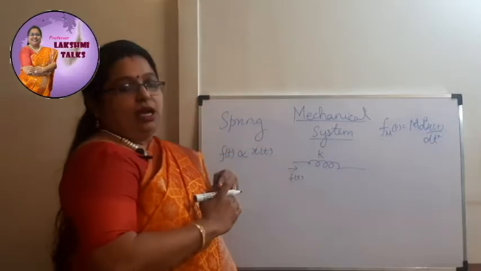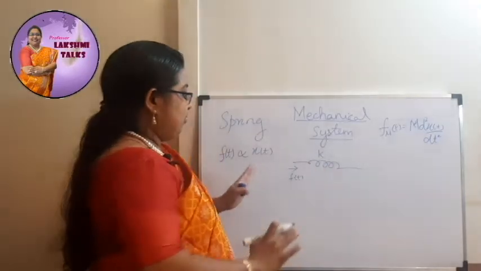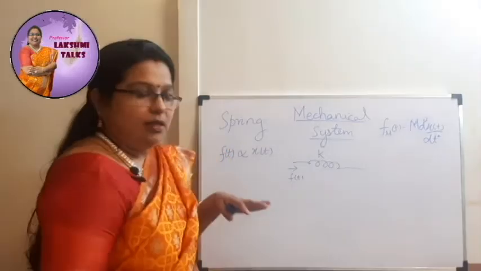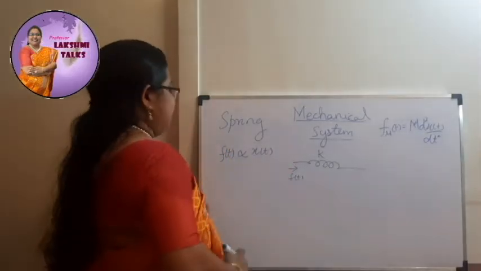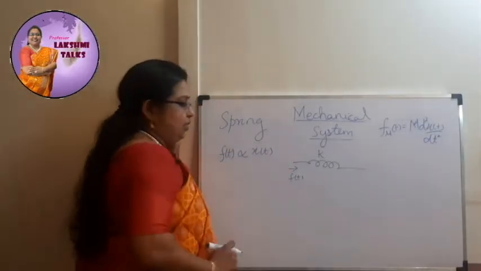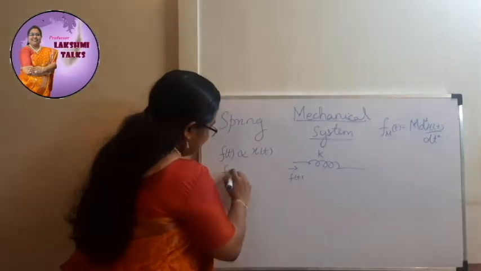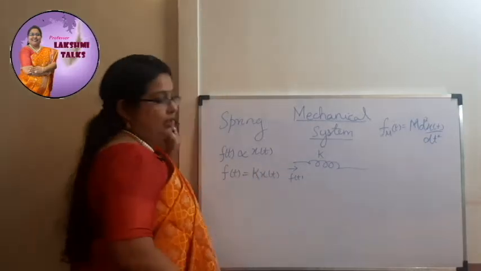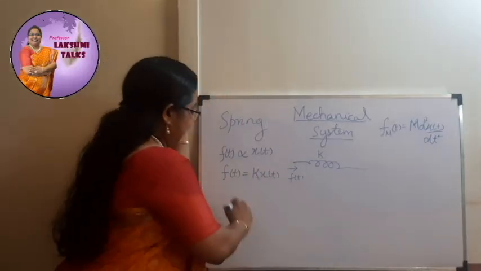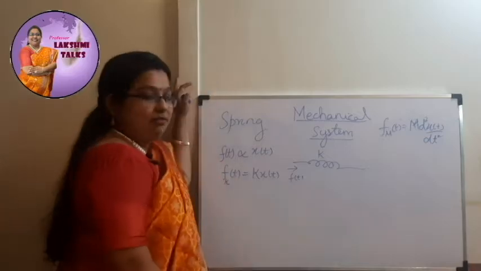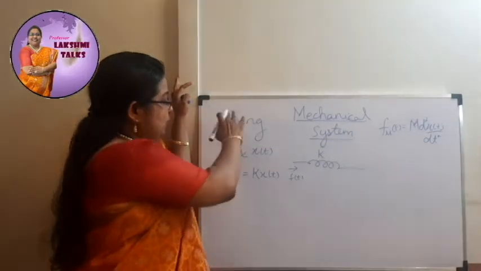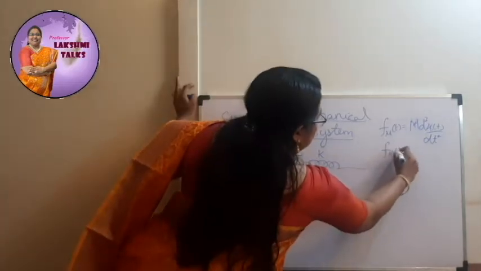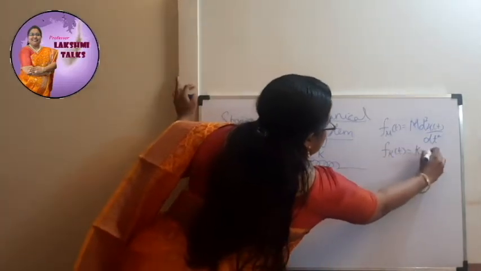It either contracts or expands. So, force acting on a spring is proportional to its displacement, either contraction or relaxation. And how to remove this proportionality symbol? F of t is equal to k x of t, where k is the spring constant. We'll give a suffix k such that it belongs to the spring. So, Fk of t is equal to k x of t.